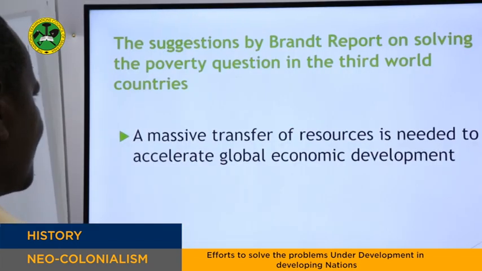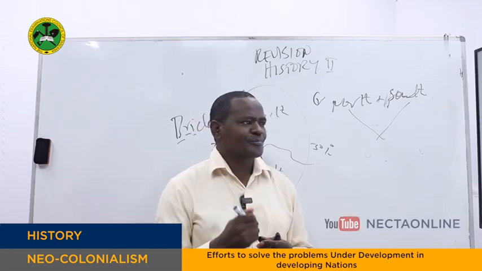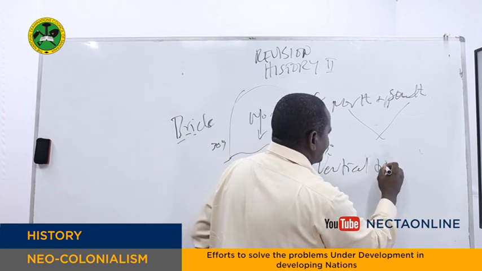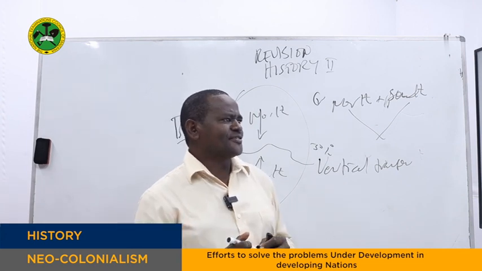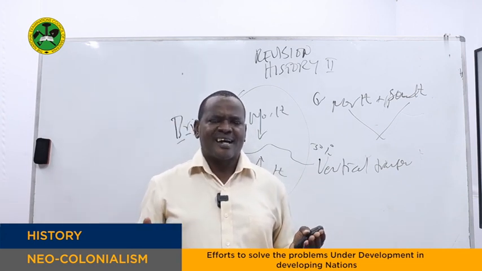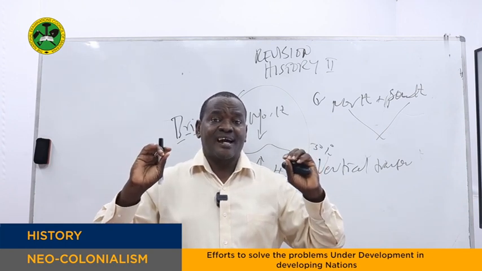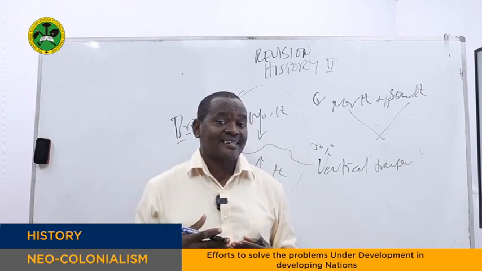And if technology is at all transferred, then sometimes it is what we call a vertical transfer of technology. That means the technology which is brought here is not intended to help the southern people, but is a technology which is so high that when it comes, you need expertise from those countries to operate it.